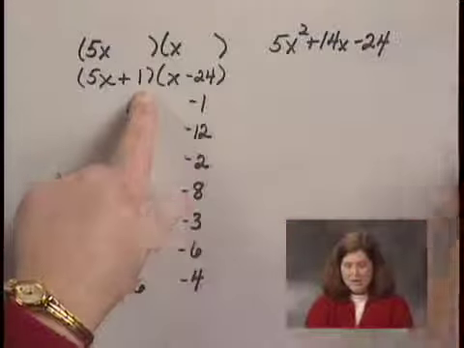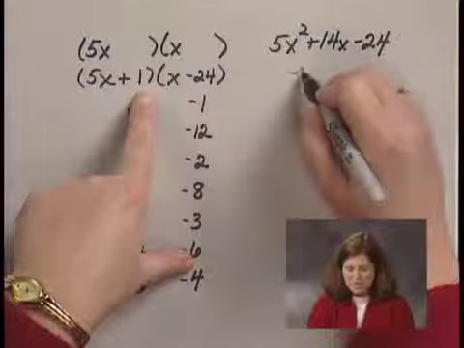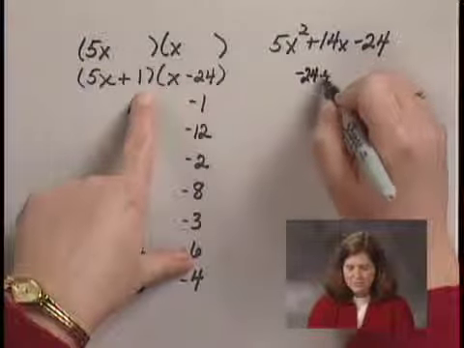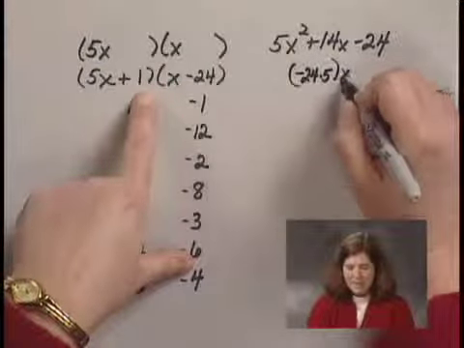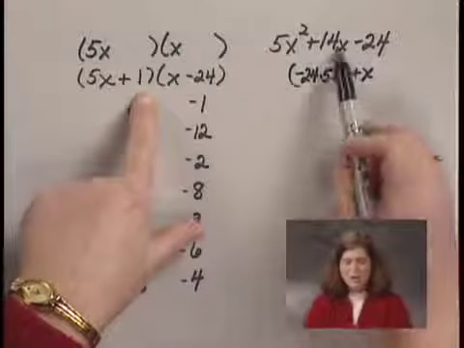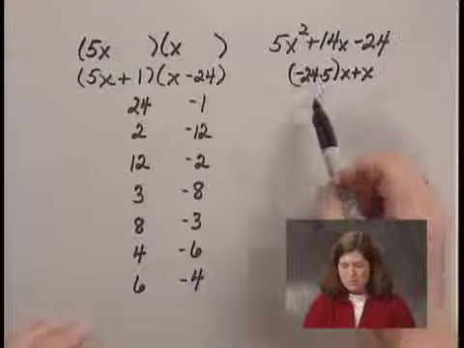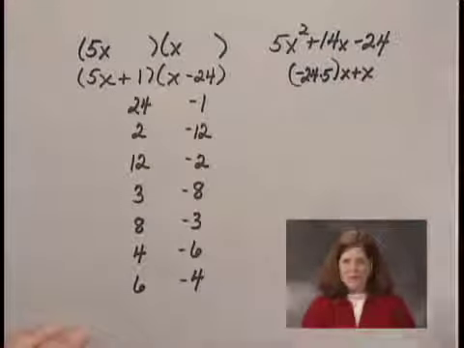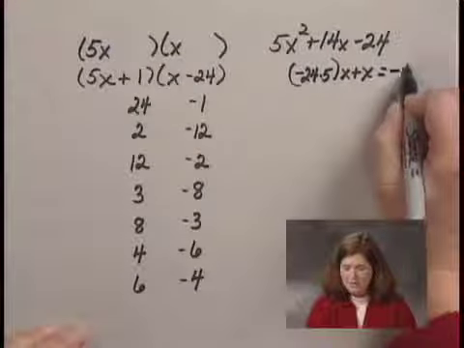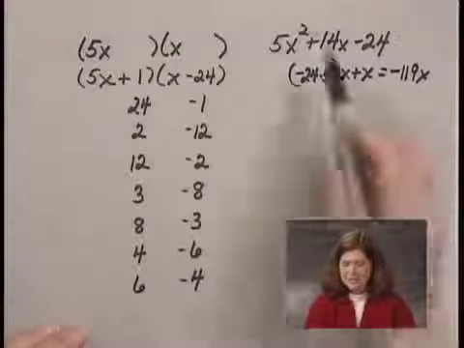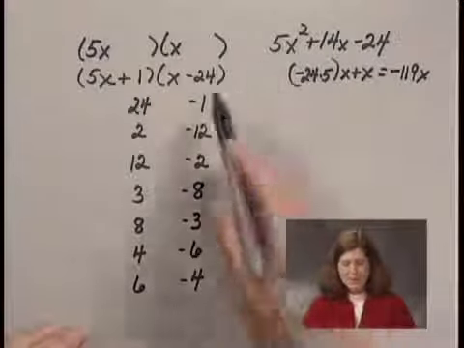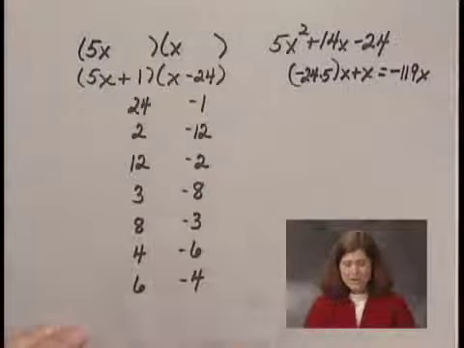Now I could multiply that out, though I really don't need to, because negative 24 times 5x plus x, I know, is not 14 or negative 14. It's negative 120 plus 1, that'd be negative 119x. It's much too big to be 14. So that one is not correct.